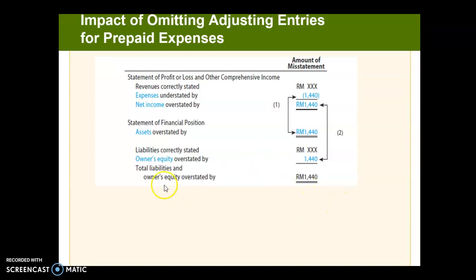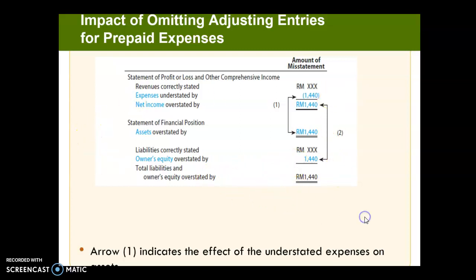Okay, so it appears in the statement of profit and loss as well as in our assets, and it also appears in our owner equity. So having the right adjustment entry will give a true picture of the financial status of the business. Right.